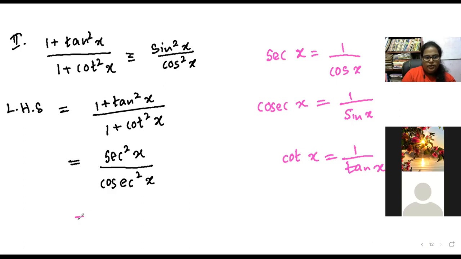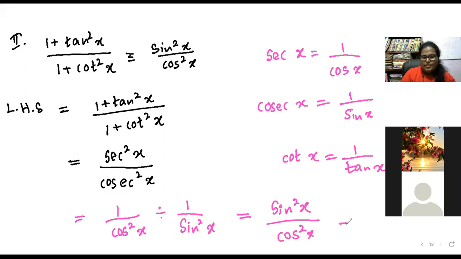So we can write sec square x as 1 over cos square x, and divide by cosec square x, which we can write as 1 over sine square x. We can simplify this and write it as sine square x divided by cos square x. So this is equal to the right hand side, and this is one method.